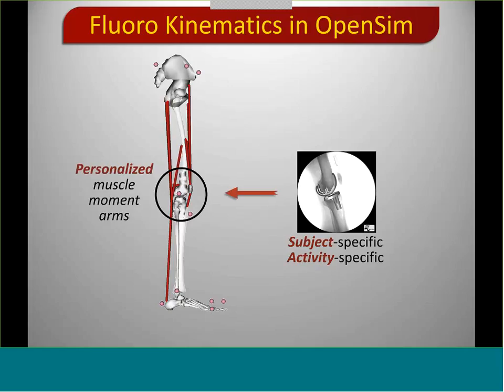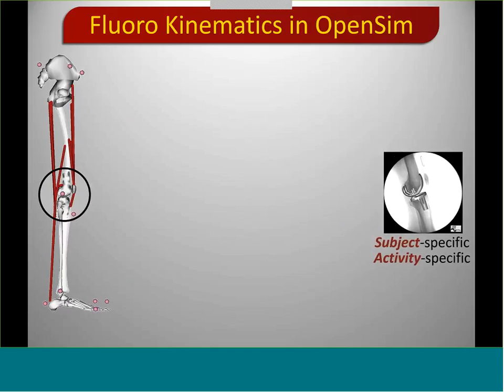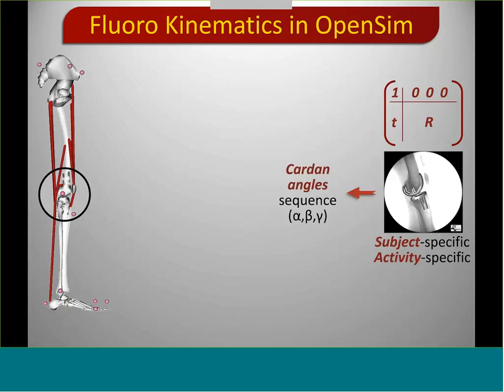The 3D tibiofemoral kinematics can be described as a 4x4 transformation matrix. And this matrix can be parameterized in a sequence of 3 Cardan angles and 3 translations. And the degrees of freedom of the knee, and I mean the 2 rotations, internal and external rotation, varus valgus rotation, and the 3 translations, can be described as a function of the knee flexion angle, that is the primary degree of freedom of the joint.